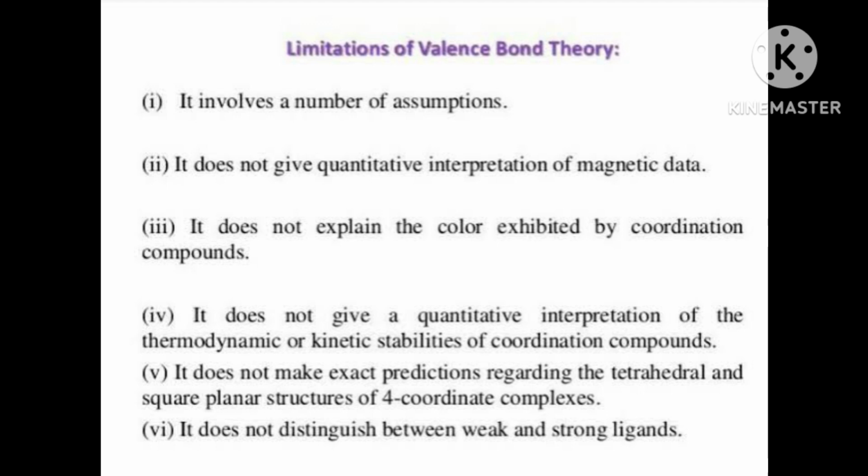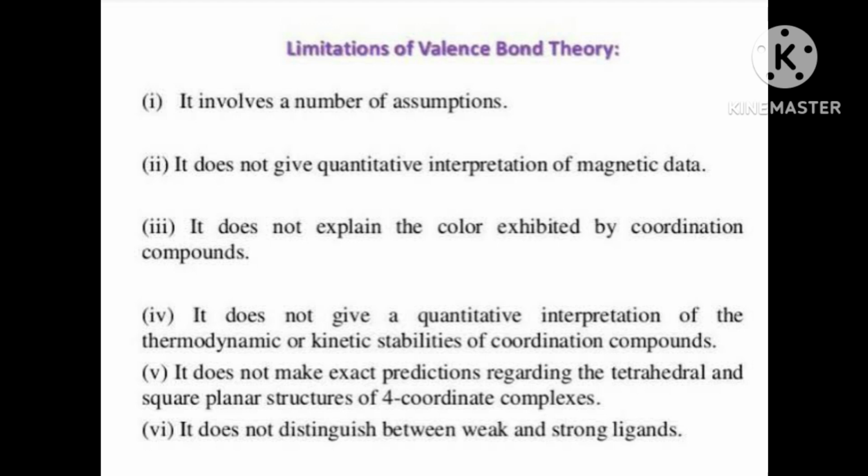Field means this electrical field. Some ligands are able to produce a strong field, in which case the splitting will be large, whereas others produce weak fields and consequently result in a small splitting of d orbitals.